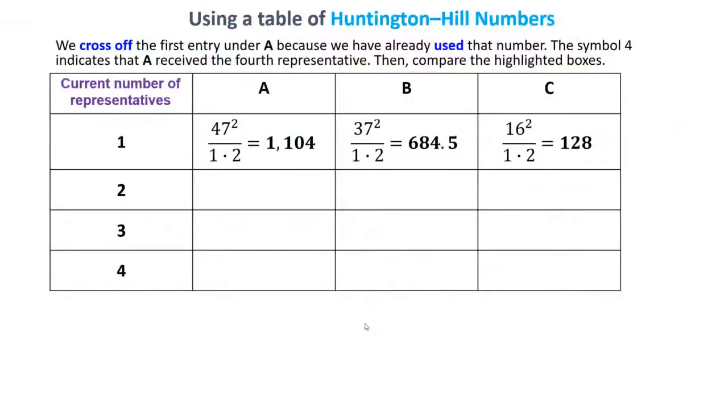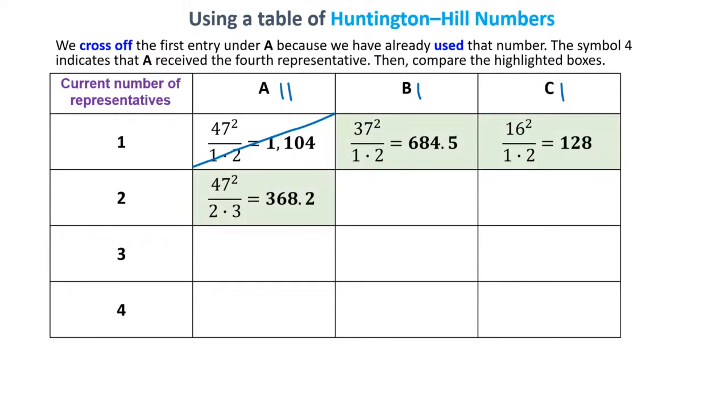Okay, here we have this table. So first we assign one representative to everybody. Then we look at the Huntington Hill numbers. The greatest is here. A gets the second one. And for A, we consider the second line of the table, 47 squared divided by 2 times 3.